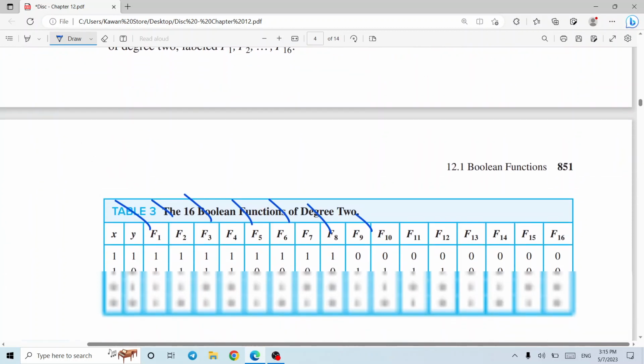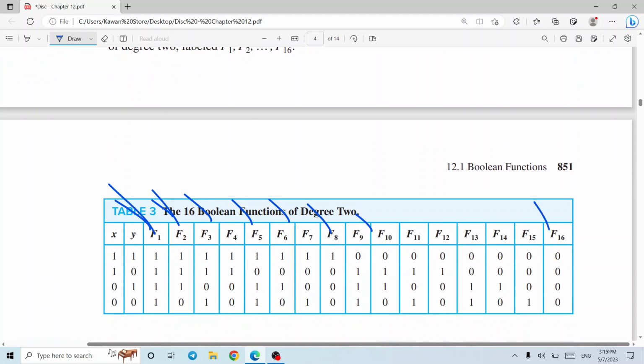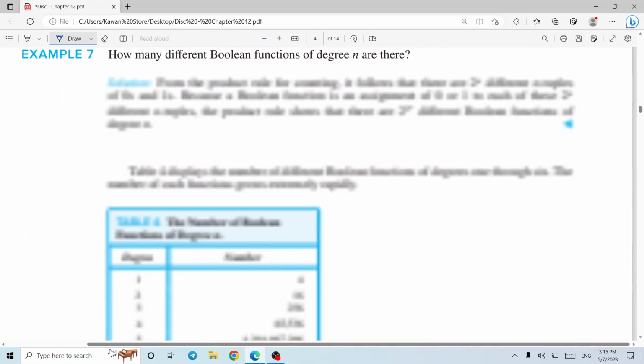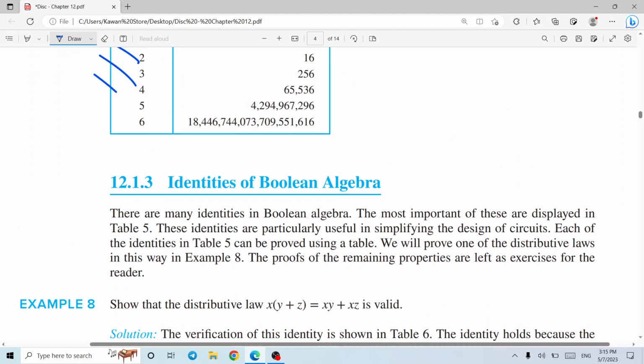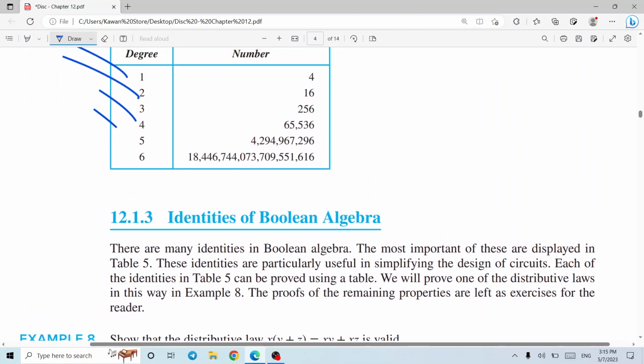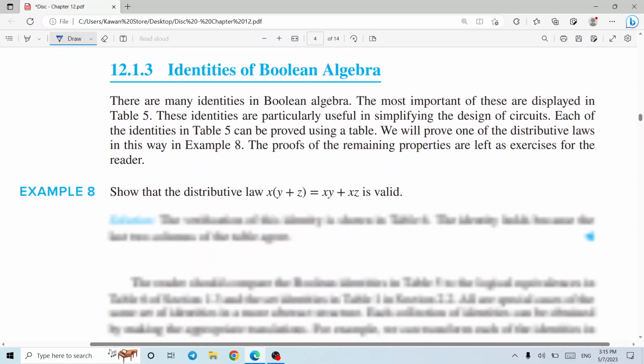How do we represent them? Like that. You got it? Good. And here's the number for degree 1, degree 2, and degree 4. Till now, do you have a question, dears? It's easy and it's not hard.